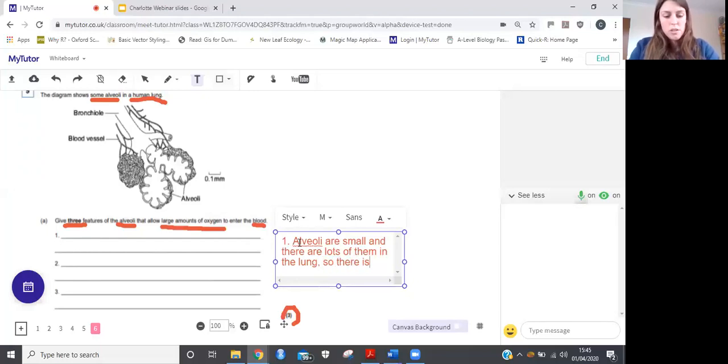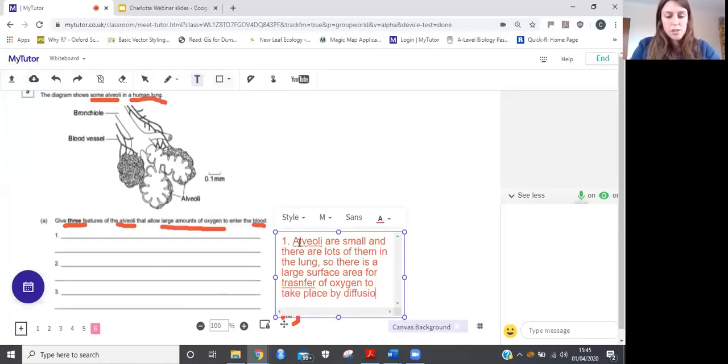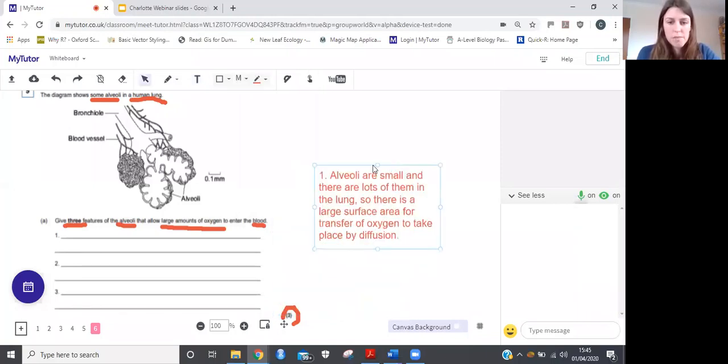So there is a large surface area for transfer of oxygen to take place by diffusion. That's our point 1.